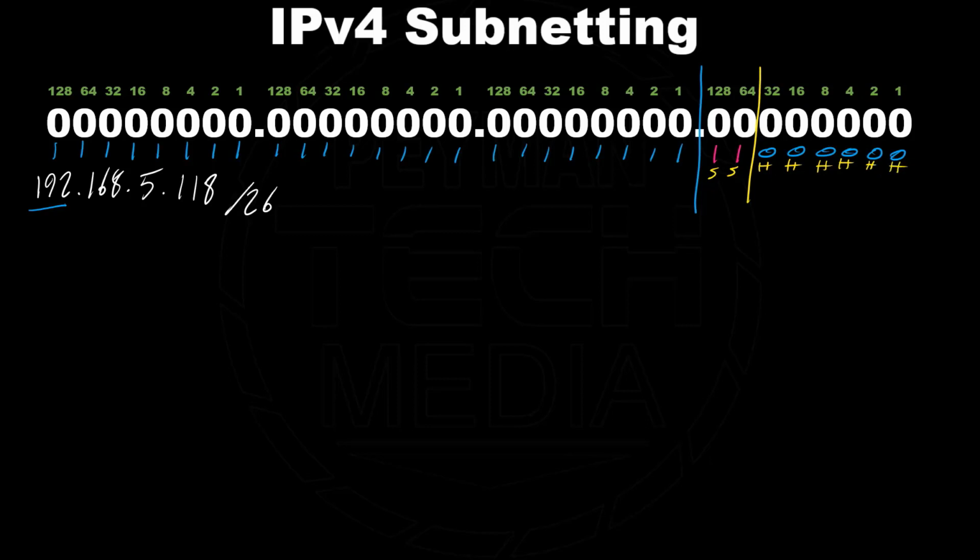So again, what was the first step? Simply looking at the IP address, the first octet 192, and determining what class this is. This is Class C. Then looking at the CIDR notation of the subnet mask, in this case 26, it means 26 bits turned on. Counting from left to right, 8 plus 8, 16 plus 8, 24, 25, 26.